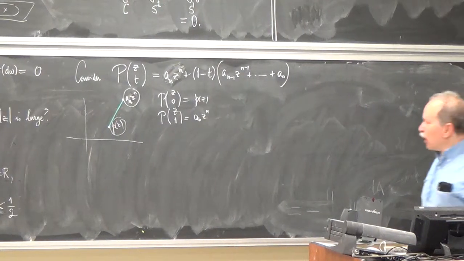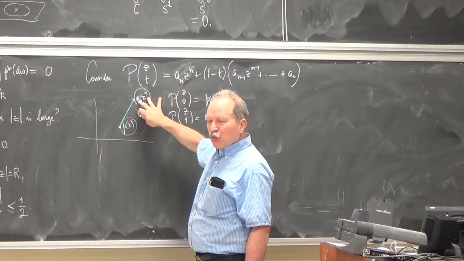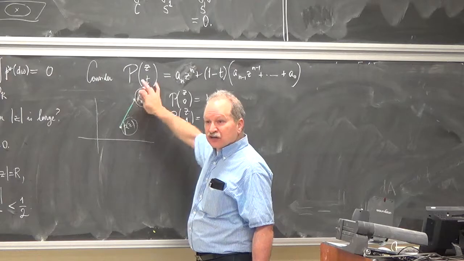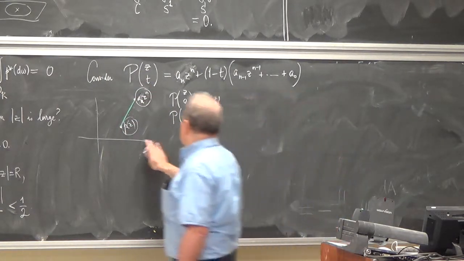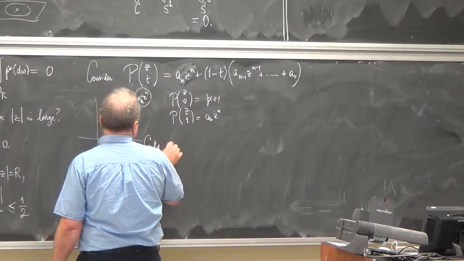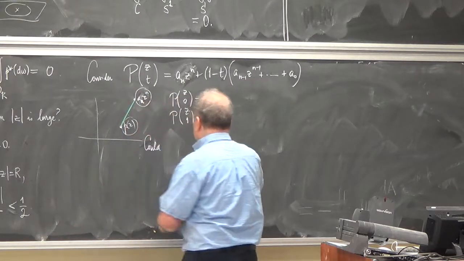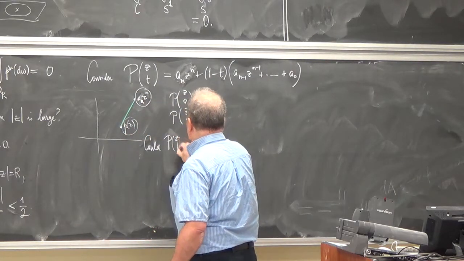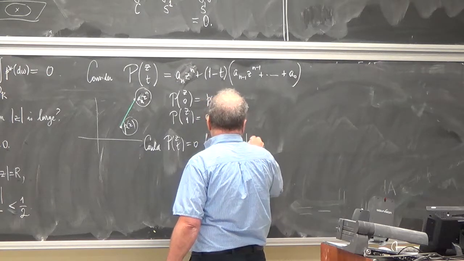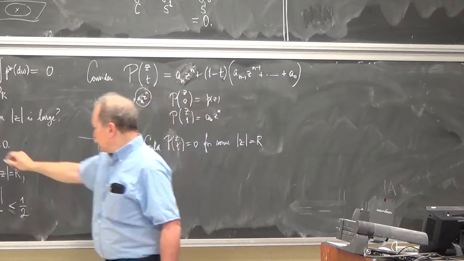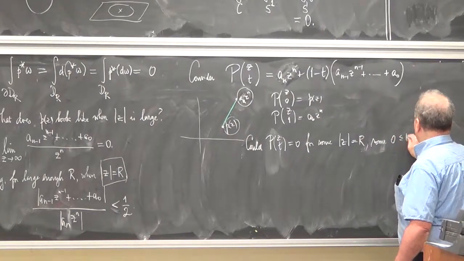And I'm asking you the question, if I interpolate between time 1 and time 0, do I ever go through the origin? Could capital P of z, t equal 0 for some z with magnitude r and some t between 0 and 1?